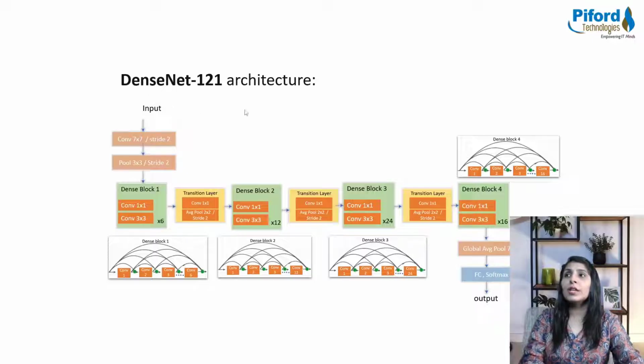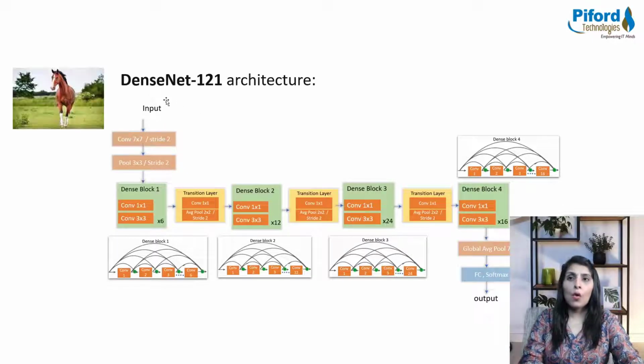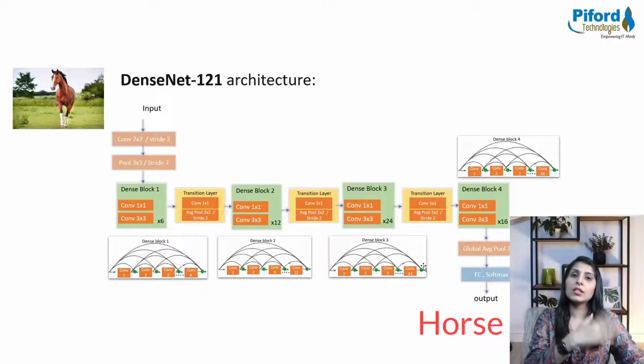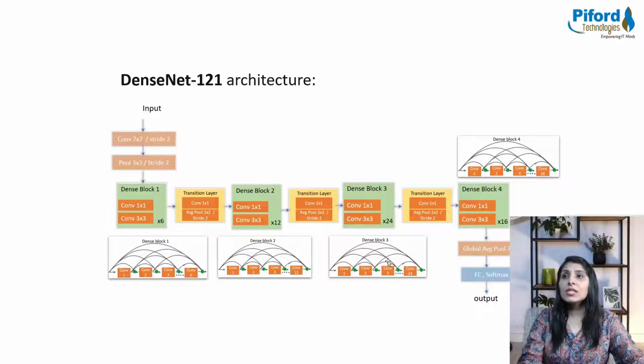Suppose you have given an input image of a horse, so your algorithm will classify it as a horse by processing this whole data. Okay, and guys, when we say convolutional layers over here, in every dense block we have convolutional layers with a filter size of 3 by 3.